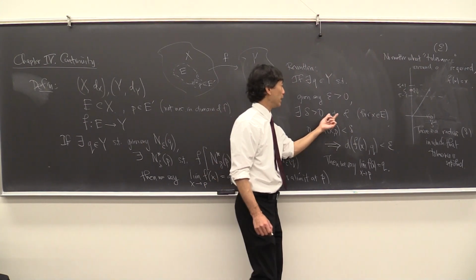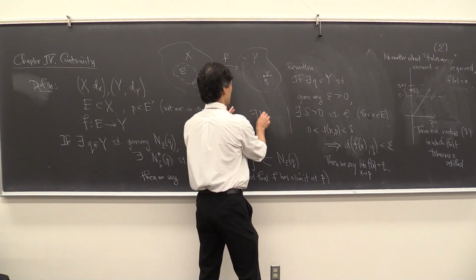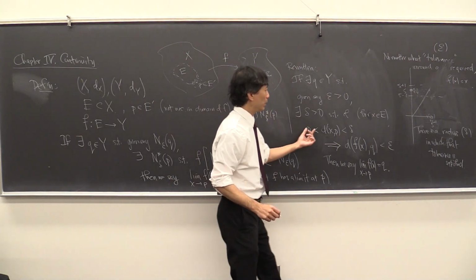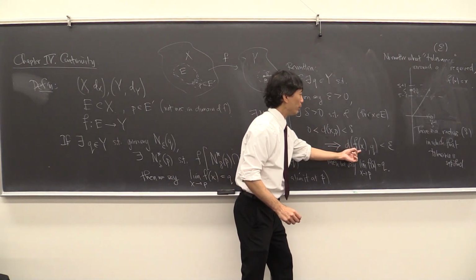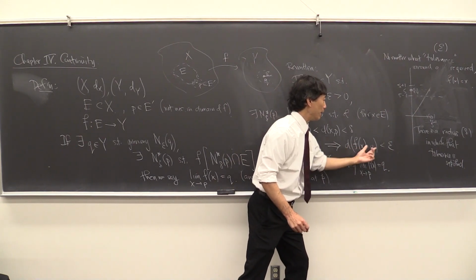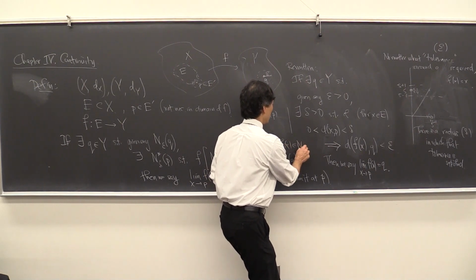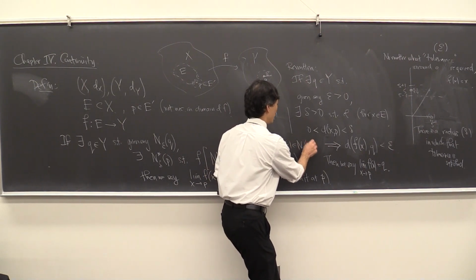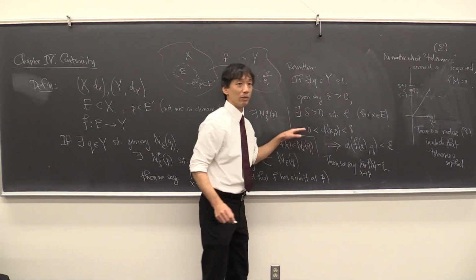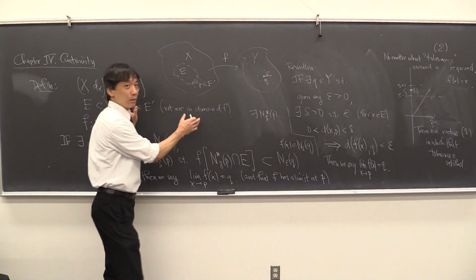So there exists a punctured delta ball around P, such that when you take the point and map it, the image is within epsilon of Q. So f of x is within the epsilon ball of Q. If you like to think of it in terms of the metric rather than in terms of the neighborhoods, it's the same thing.